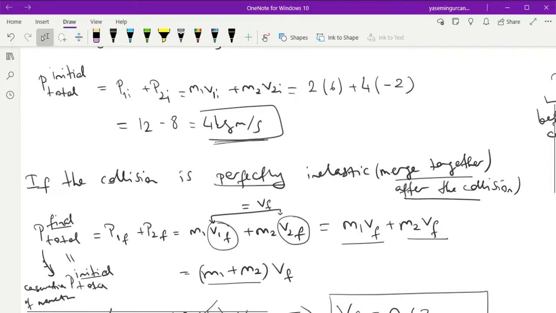This is the fact given when you see the word perfectly inelastic or completely inelastic collision. This is what you need to know, okay? And in that case, because they merge together, their velocity is going to be a common velocity, one velocity now that is going to be found. So I hope, again, this is going to help you for perfectly inelastic or completely inelastic collision problems.